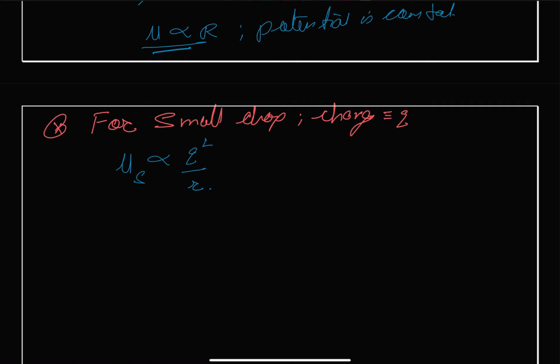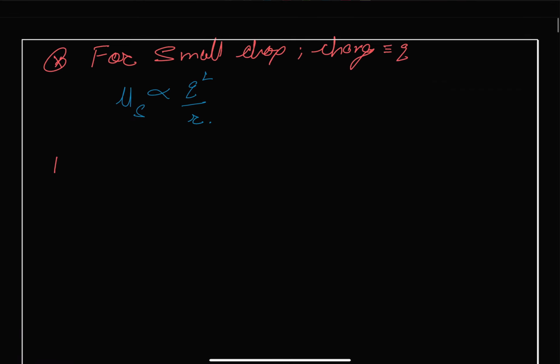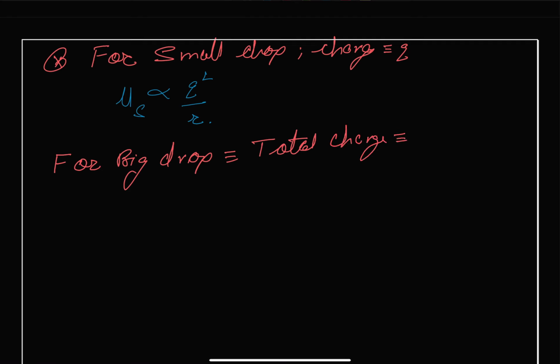And for the bigger drop, our total charge, given as capital Q, will be equal to 27 times small q.